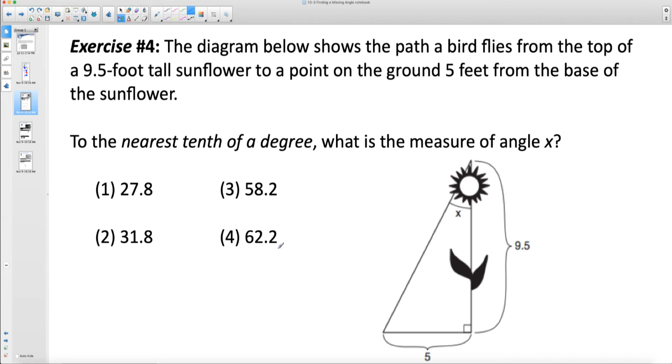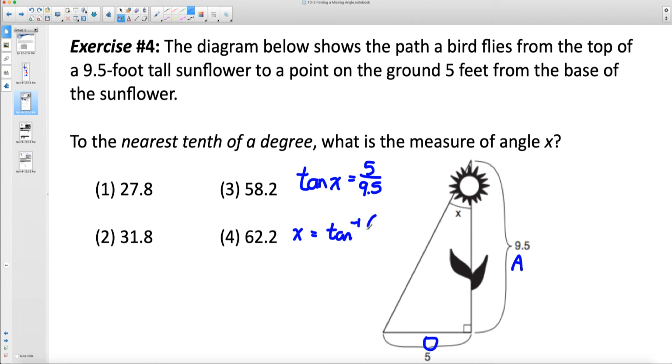So let's figure out what trig function we're using. We're dealing with opposite and adjacent. So that is tangent. Tan of the angle, which we're going to call x, is equal to opposite over adjacent, which is 9.5. At this point, we're solving for an angle, so it's inverse trig.